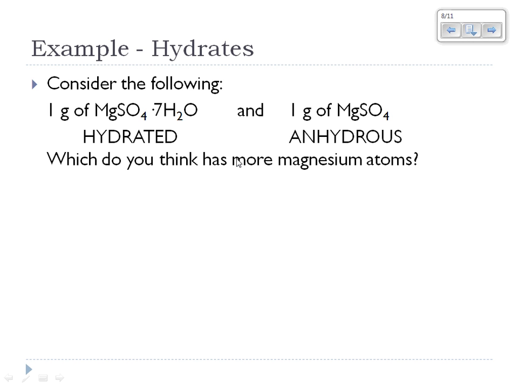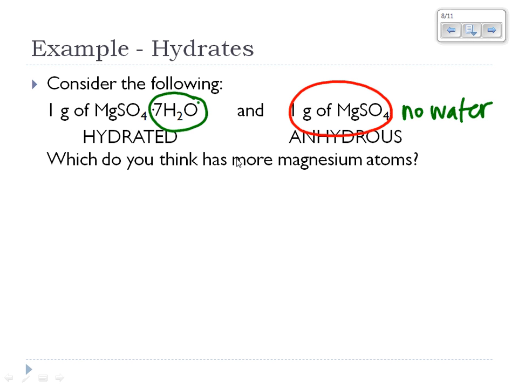If you think about it, here a lot of the mass goes into the water, whereas here I have no water to take up any of my mass. So that means I'm actually going to have a lot more magnesium atoms in my anhydrous, or not hydrated, compound.